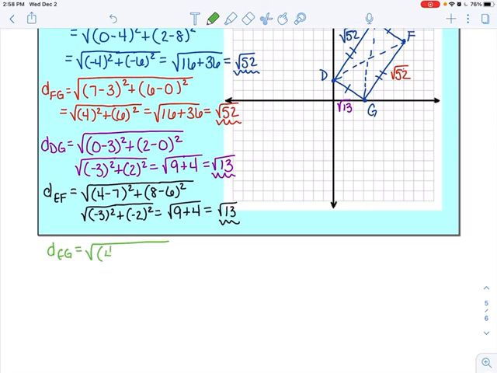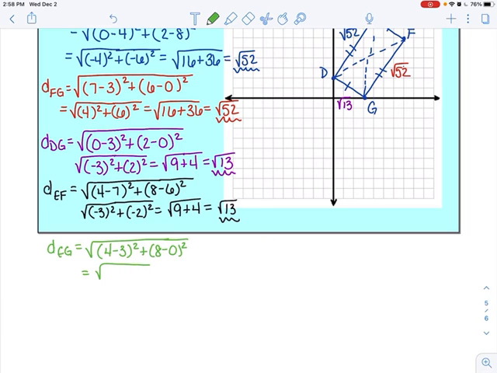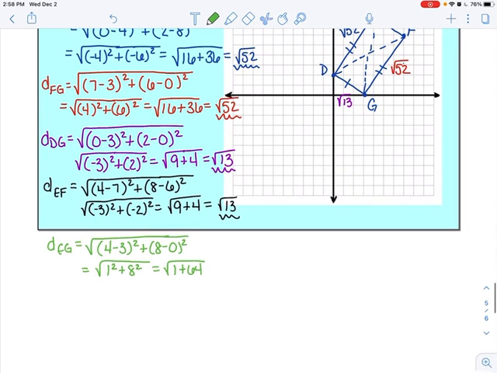So we're going to have 4 minus 3 squared plus 8 minus 0 squared. 4 minus 3 is 1, so I'm going to have 1 squared, and 8 minus 0 is 8, so I'll have 8 squared. 1 squared is 1. 8 squared is 64. So we're going to have the square root of 1 plus 64, and when I add 1 and 64, I'll get the square root of 65. So the length of one of the diagonals is the square root of 65.